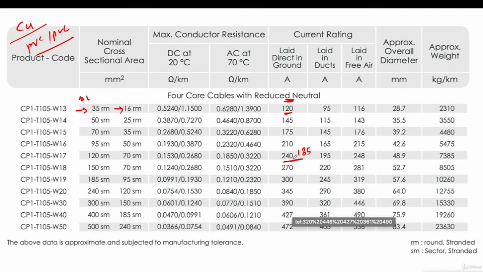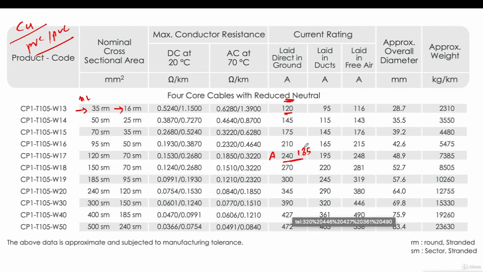For aluminum it can load only up to 185, but for copper it can load up to 240 ampere, which means it's about 55 ampere difference between copper and aluminum.